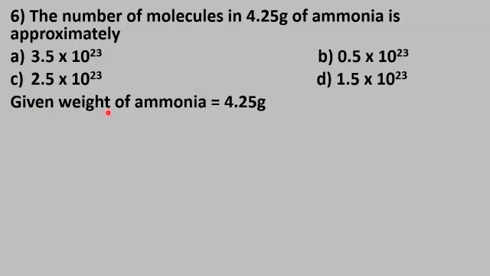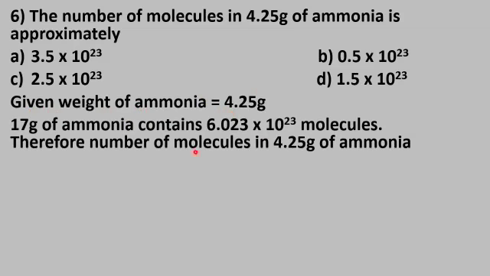Solution, given weight of ammonia is 4.25 gram. Therefore 17 gram of ammonia contains Avogadro number of molecules, that is 6.023 into 10 raised to 23 molecules. Therefore the number of molecules in 4.25 gram of ammonia can be calculated like this.